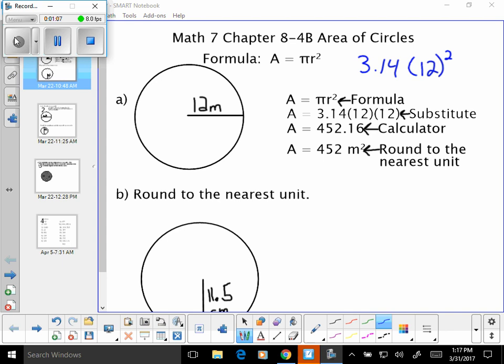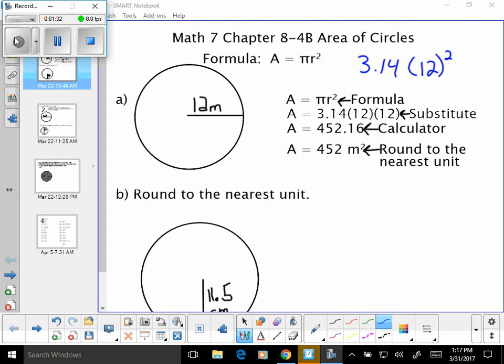Now, yes, you're going to have to put this through a calculator. 3.14 times 12 times 12, or if you know 12 times 12 is 144, put in 3.14 times 144. Again, the fewer buttons you have to press on a calculator, generally the more likely you are to get a right answer. In the calculator, it will be 452.16.